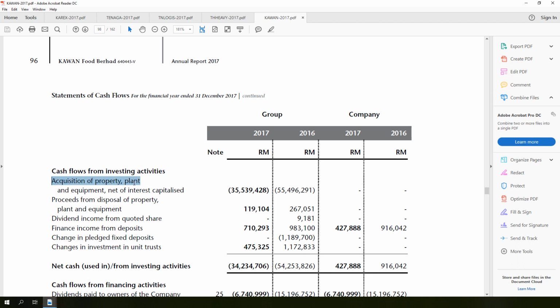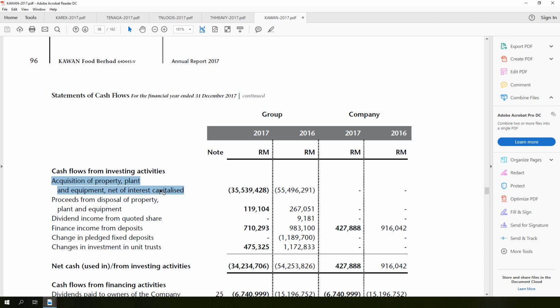Acquisition of property, plant and equipment, net of interest capitalized. There are two possibilities here. First possibility, they capitalized interest in a previous year. If there was really no capitalized interest in FY 2017, then this sentence was a product of copy and paste. Another possibility, there was capitalized interest in FY 2017, but Kawan didn't disclose the information.